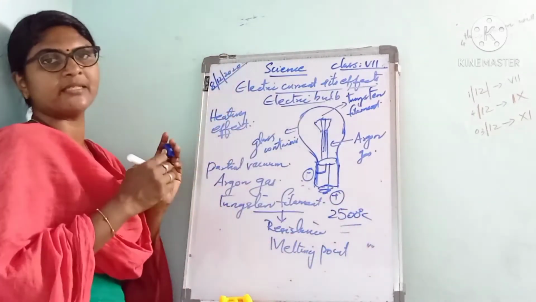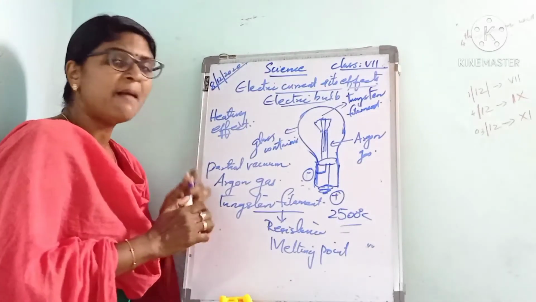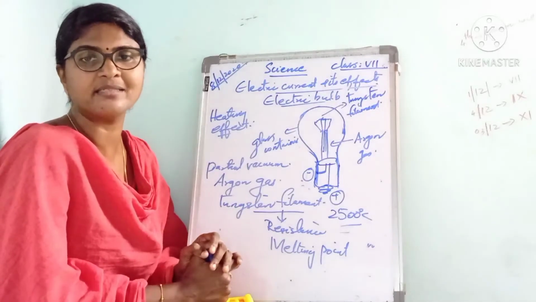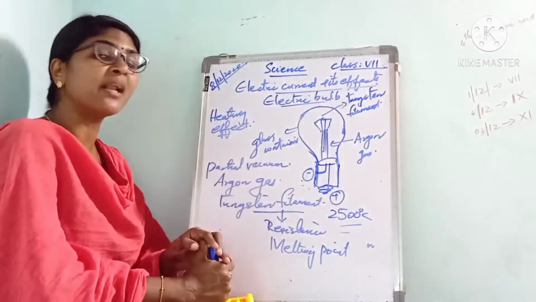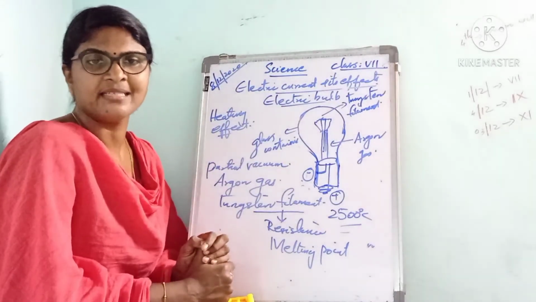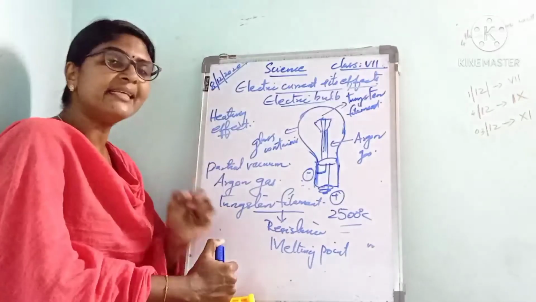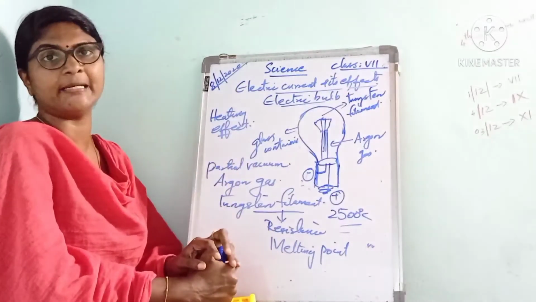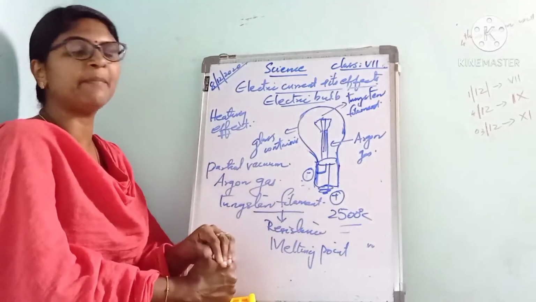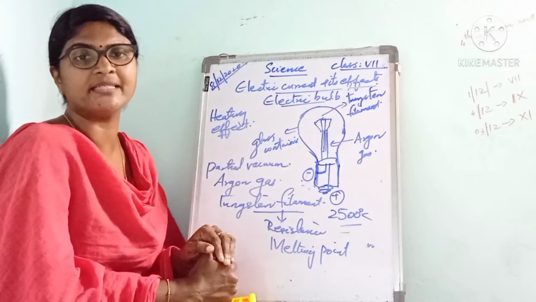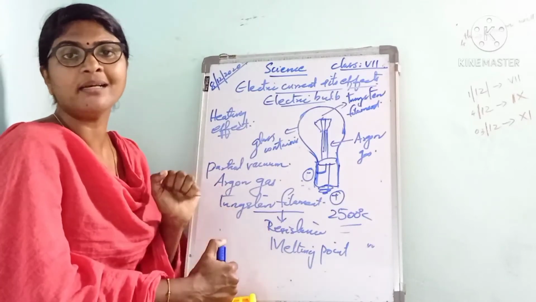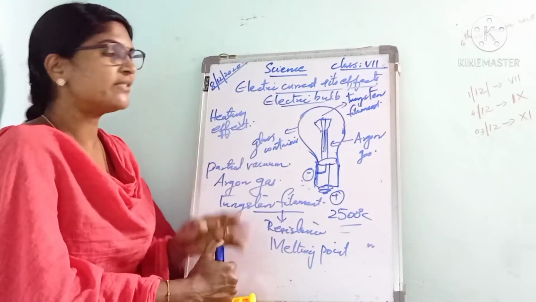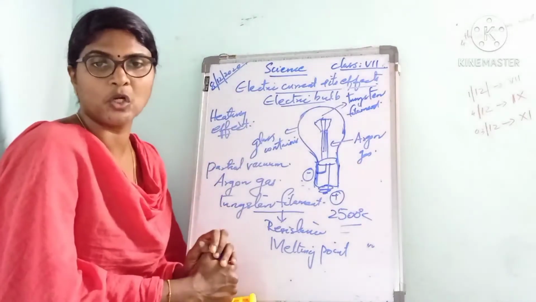At this high temperature, the tungsten filament begins to glow and emits light. In this way, the electric bulb glows.